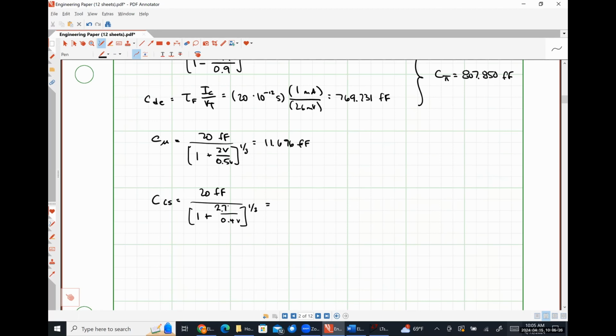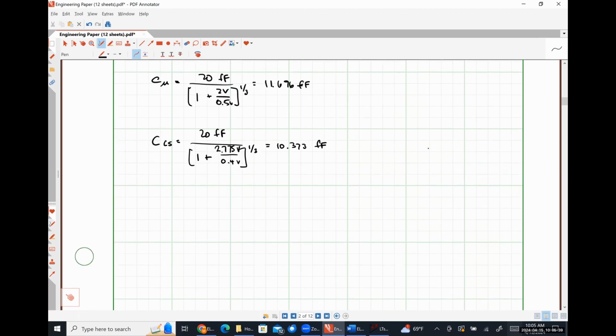So 2.775 over this 0.4 comes out to be 10.373 femtofarads. And so we can see from this that C pi is significantly greater than C mu is greater than CCS.